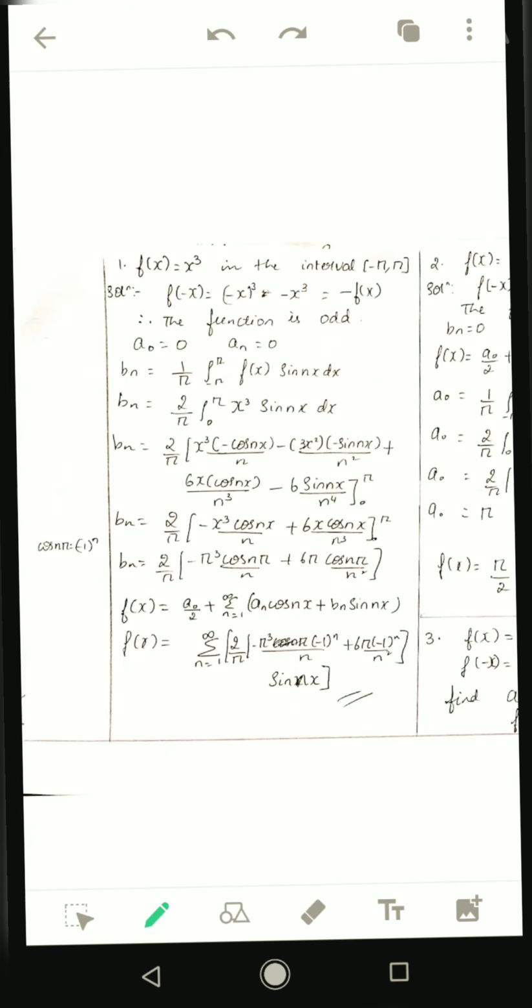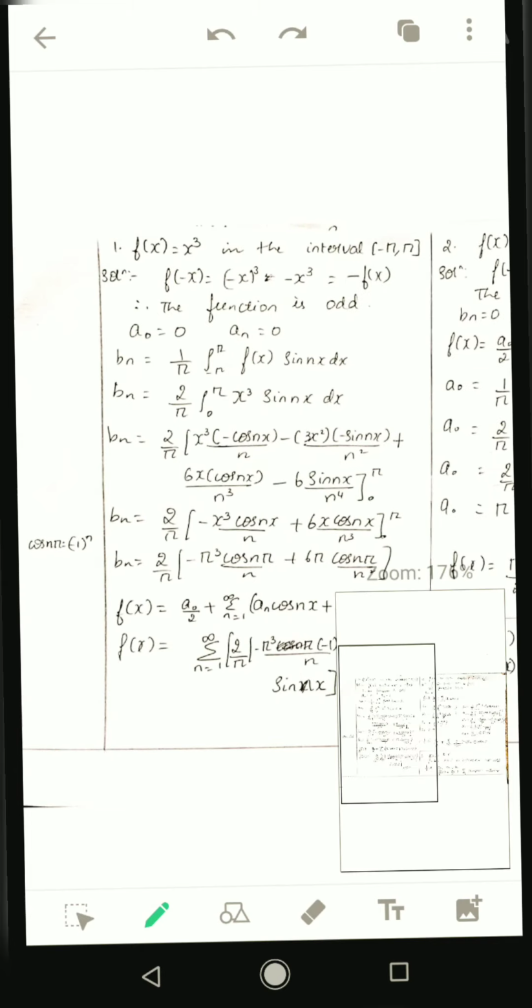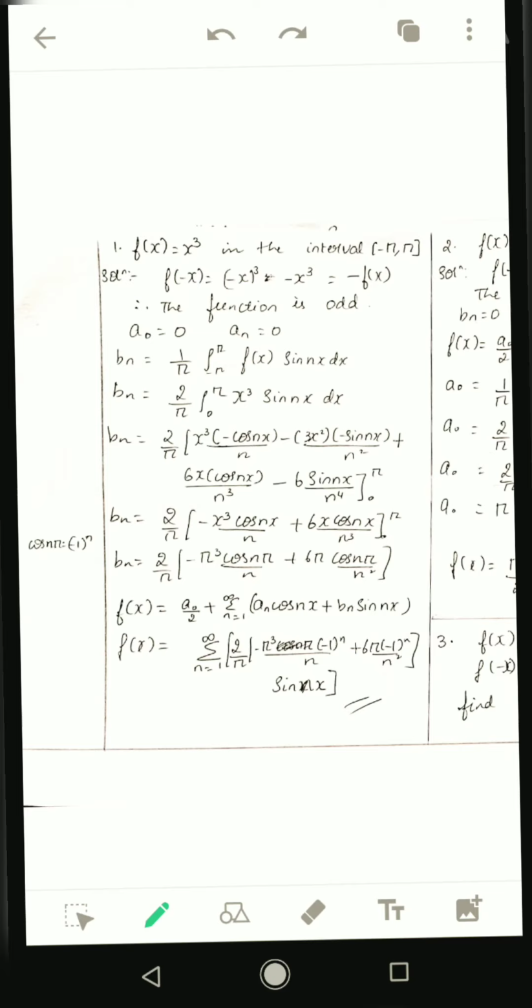You substitute the values in this formula and get the value of bn, and next you will substitute the value of bn in the formula, which is f of x equals a naught by 2 plus summation n equals 1 to infinity an cos nx plus bn sin nx. Here a naught and an are 0, so those terms should be eliminated.